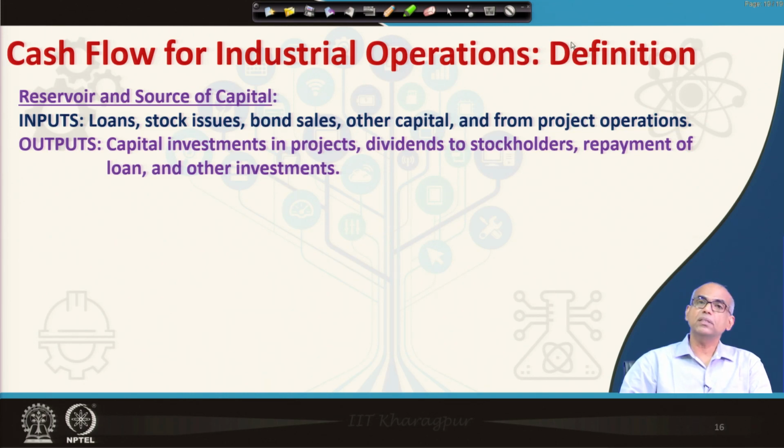So, to start a company, you need a reservoir of money or source of capital to start with. You need a source of capital because you need fixed capital investment and working capital to support the manufacturing, as well as the construction and erection of the plant, and then manufacturing.